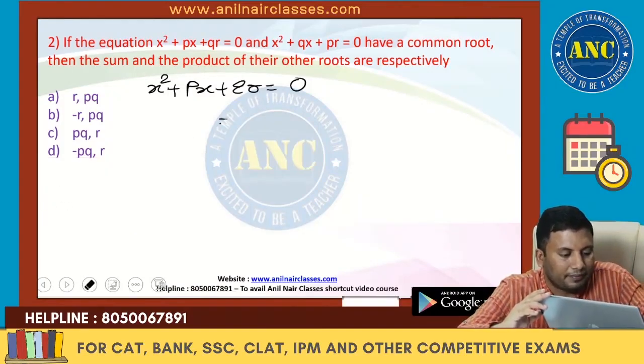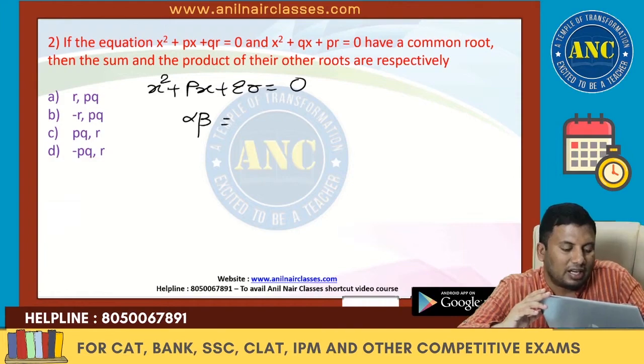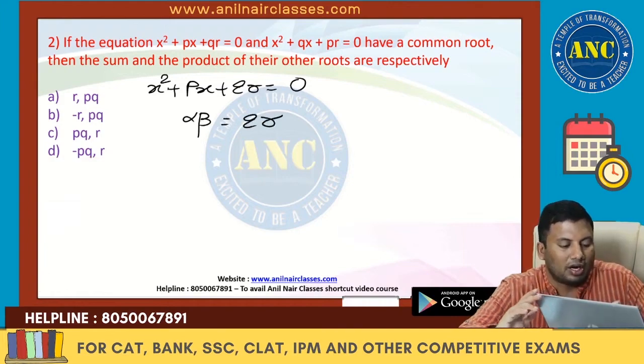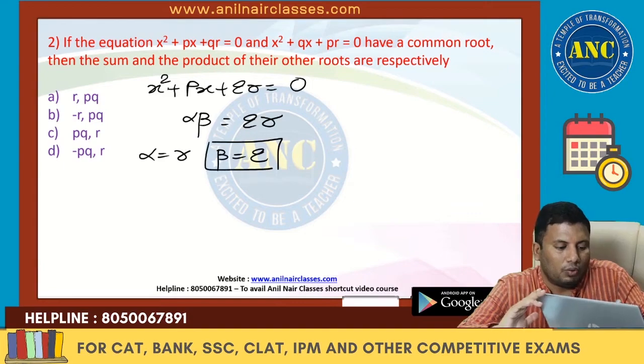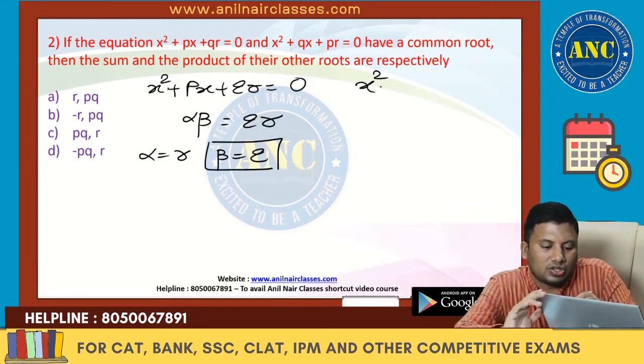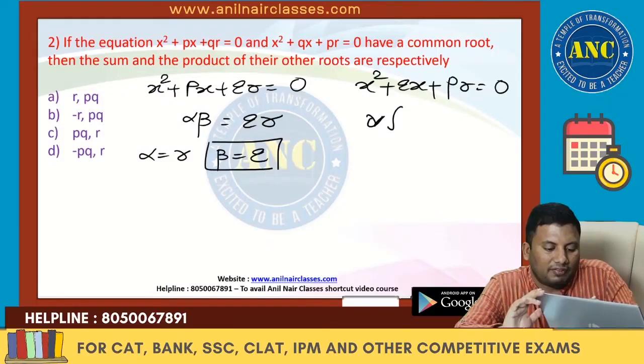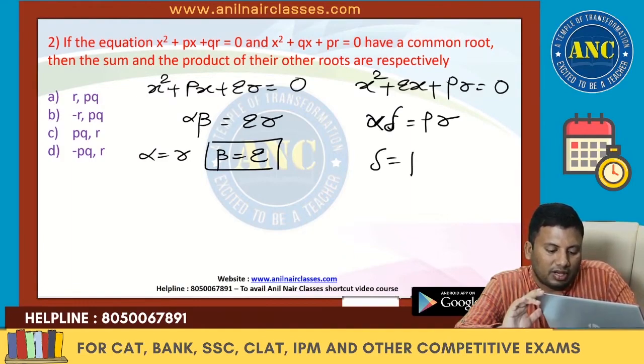Alpha beta is nothing but qr, and alpha is r, so beta is nothing but q. Similarly, for x square plus qx plus pr equivalent to 0, alpha gamma is nothing but pr, so gamma is nothing but p.